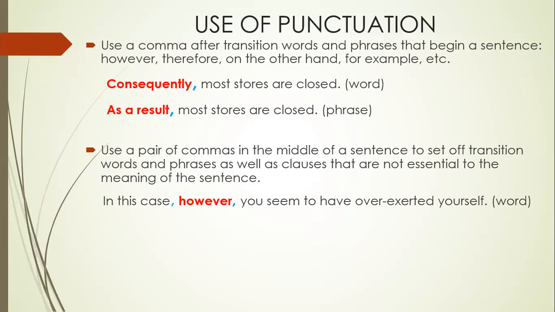In this case, "however" is a transition device, so before it and after it a comma is a must. "The food, on the other hand," is a transition phrase, so commas before and after it, as it is used in the middle of the sentence.